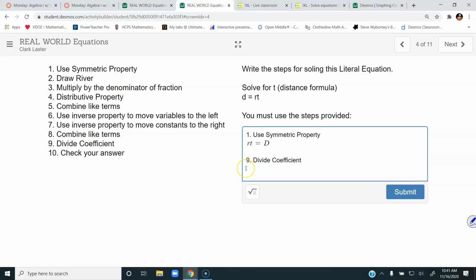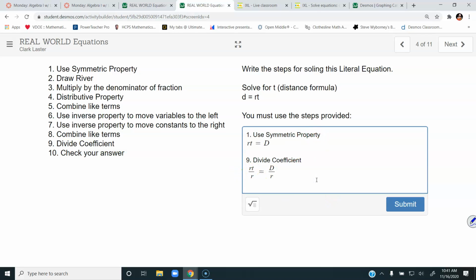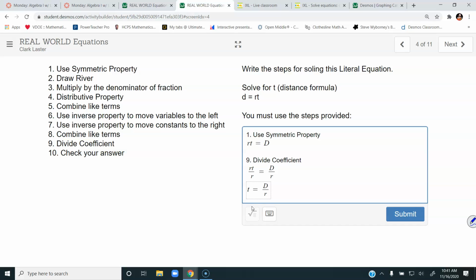RT, I want that T to stand by itself. So I'm going to have RT divided by R is equal to D divided by R. Now again, there's an R in the numerator and the denominator. So you're going to have T is equal to D divided by R.